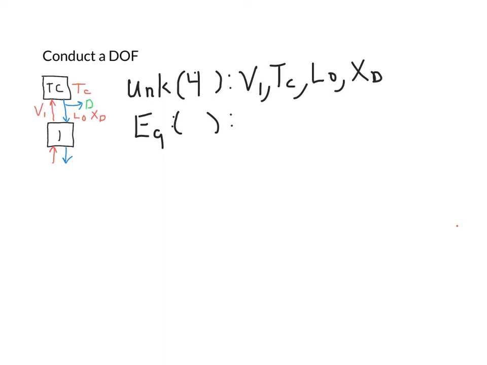Normally you'd think we'd have 2 material balances, but because the composition of the vapor and liquid is the same, we really only have 1 material balance. The component material balance is not independent of the total material balance. And so we'll have the total mole balance. We have one equilibrium relationship, which is the bubble point equation that relates the composition of the distillate to the temperature of the condenser.